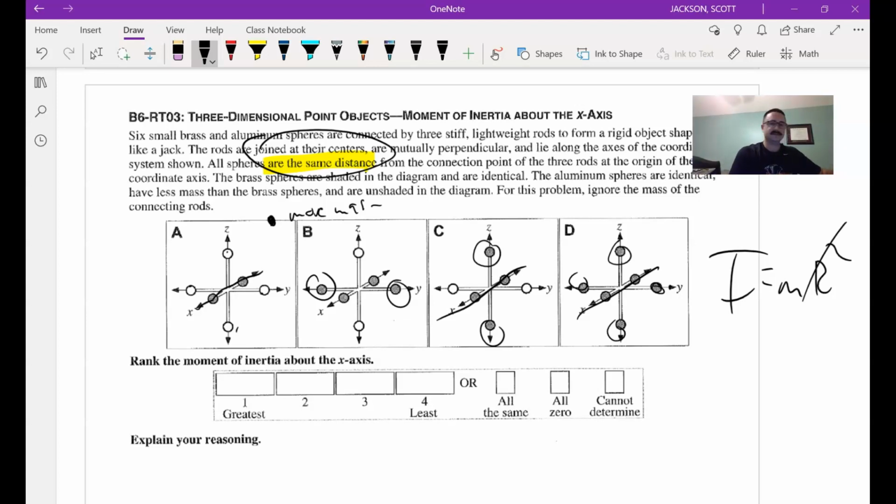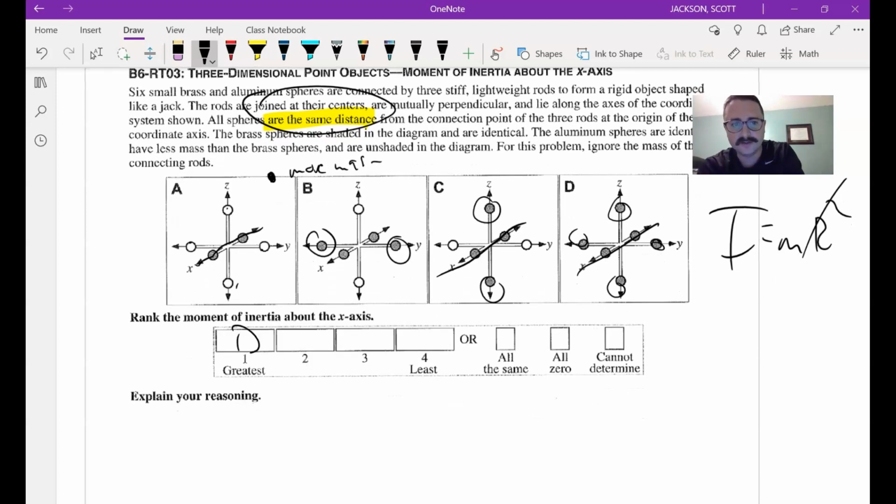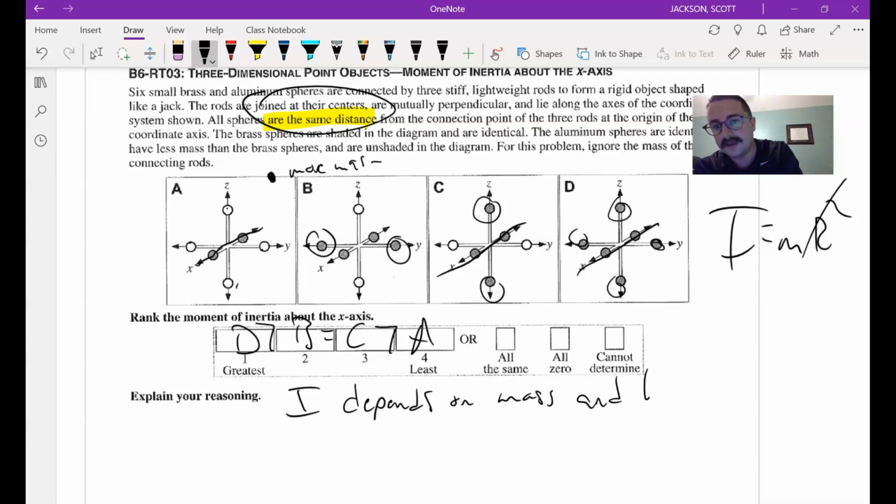So the harder ones to spin are going to have more inertia. So my ranking for this one would be D, B equals C is greater than A. And so I could talk about I, or moment of inertia, as depending on mass and how far it is from the axis of rotation.